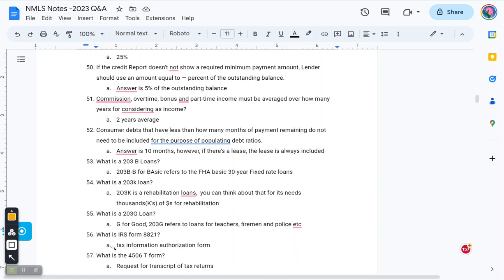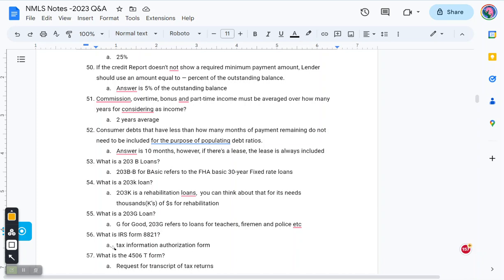Next question. What is a 203K loan? 203K is a rehabilitation loan. You can think about that as K for thousands, so you need thousands of dollars for rehabilitation. So a 203K loan is used for rehabilitation.